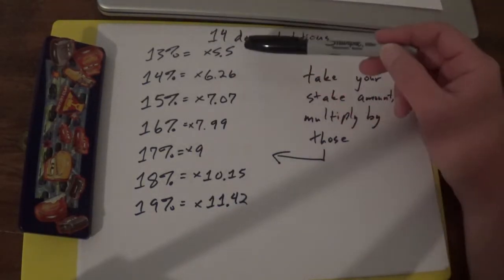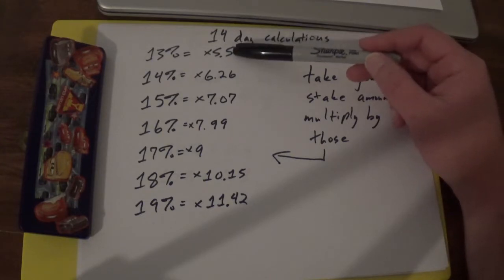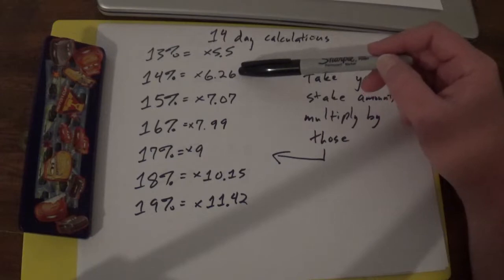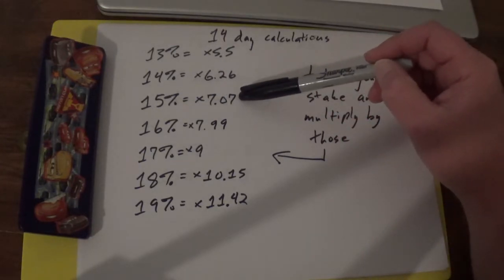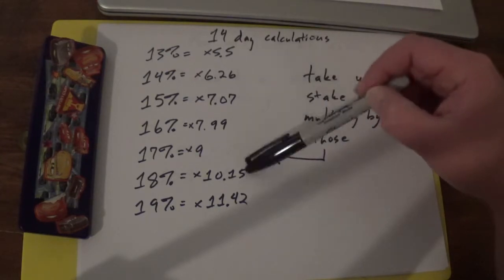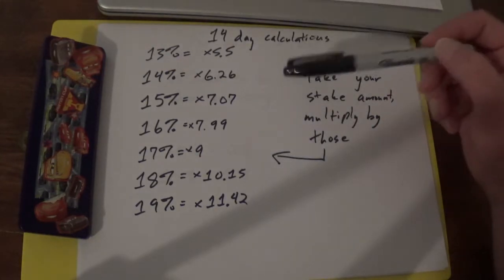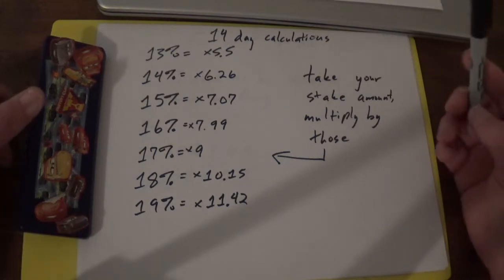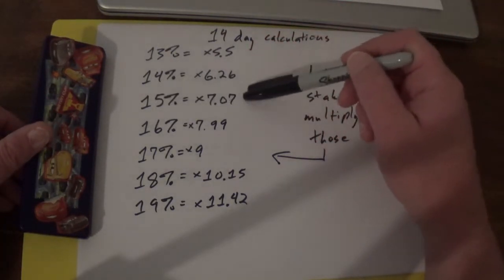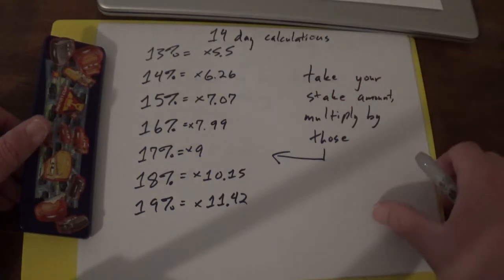If it's 13%, then you multiply your stuff times 5.5. 14% is 6.26. 15 is 7.07. I'll probably just put this table on my website so you can just look at it. I think most of my examples I did 15%, so it's times 7.07.